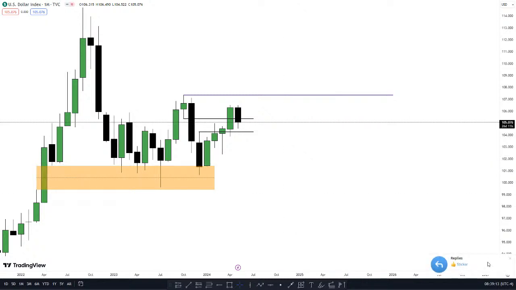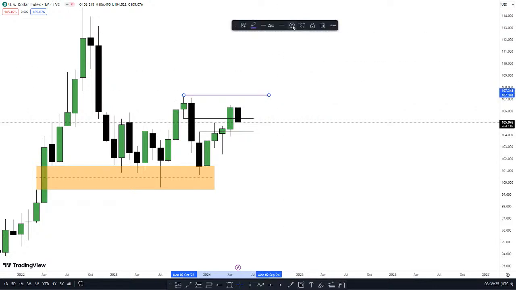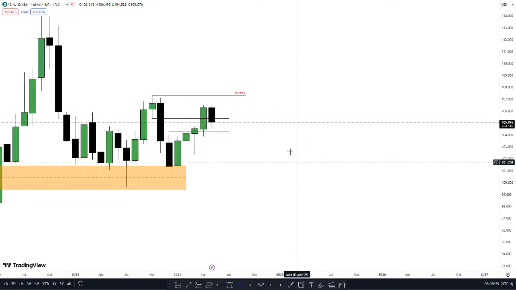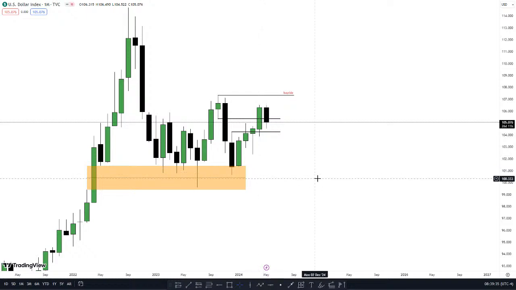So we do have this inversion that we closed above. We have this buy side liquidity on the monthly chart. So this is basically what I'm going to be targeting.